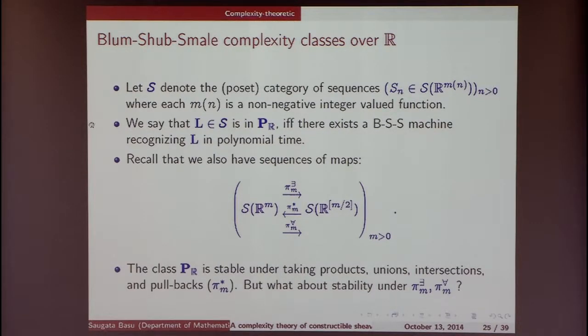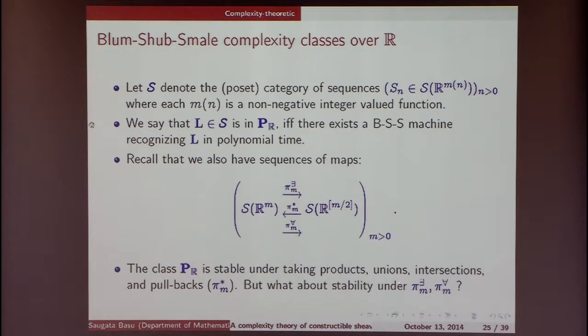And even pullbacks. So PR is closed under set-theoretic operations, products and pullbacks. Why under pullbacks? Well, it's just maybe 10 seconds of thought that if you have a sequence which is in polynomial time, the pullback should also be in polynomial time.